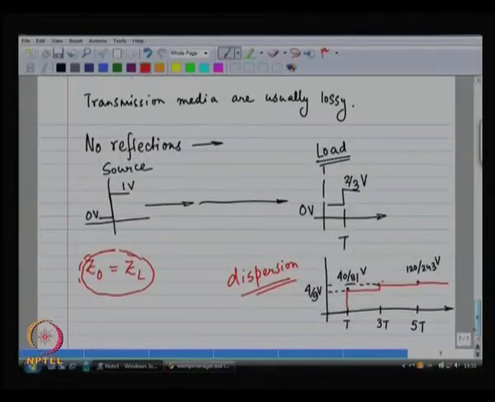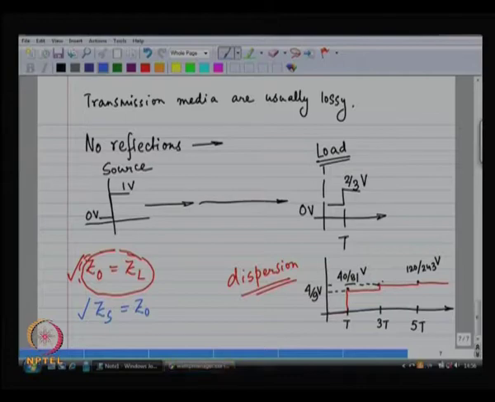So, that is the second tier of what you can do. First we would like to have this, then we would also like ZS to be equal to Z naught. So, this is also something good, not the most important, the second most important.